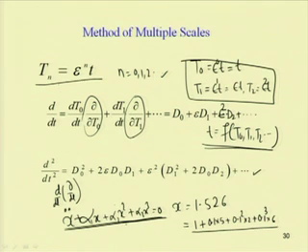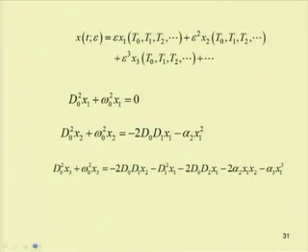Substituting the d by dt and d square by dt square terms, and as in the Lindstedt-Poincare technique and the straightforward expansion, we write x of t, epsilon equal to epsilon x1 plus epsilon square x2 plus epsilon cube x3, where x1 is also a function of t0, t1, t2 and higher order terms, and so are x2 and x3.